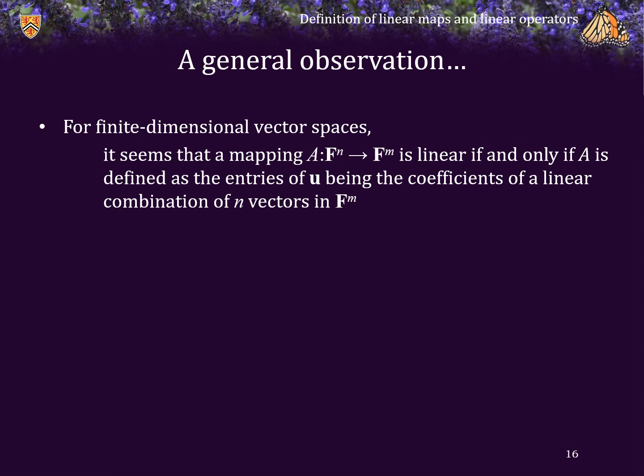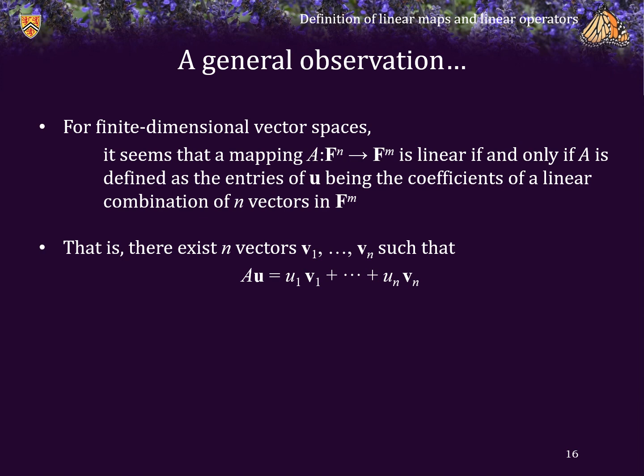Now, a general observation. For finite dimensional vector spaces, it seems that a mapping A taking the vector space F to the n, mapping it to F to the m, is linear if and only if A is defined as the entries of u becoming the coefficients of a linear combination of n vectors from F to the m.